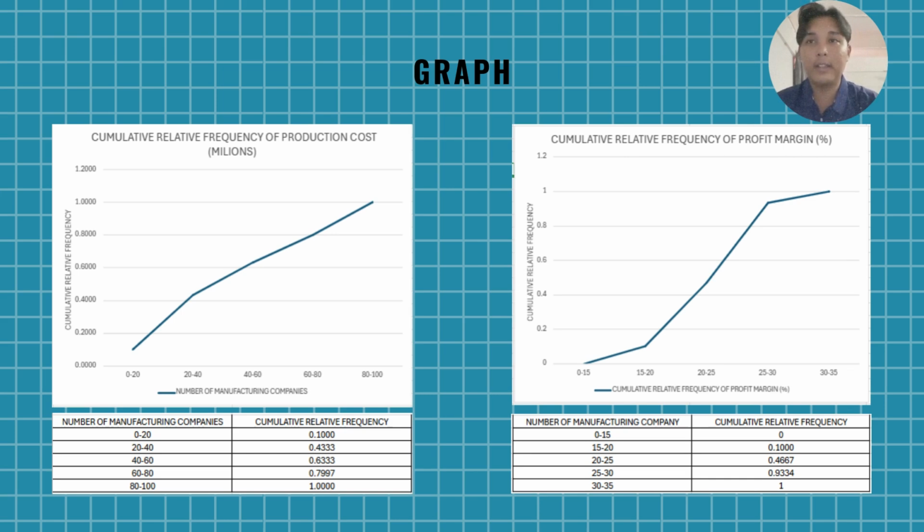Next, this is the line graph for cumulative relative frequency of production cost and profit margin.